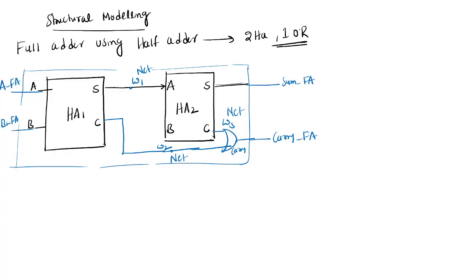I'm using data flow modeling. module half underscore adder, input A comma B, and output sum comma carry.